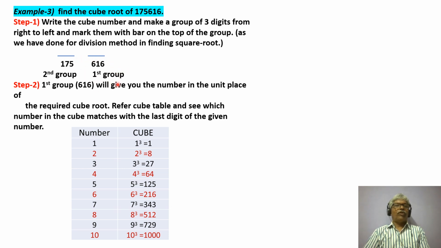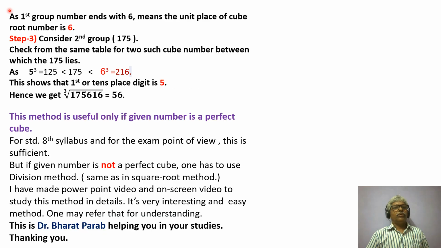Take 616 and check which cube ends with 6. 6 cube ends with 6, 216. So this cube root will have 6 in the unit place, that is sure. That is the second step. As the first group number ends with 6, the unit place of the cube root is 6. We have discussed this.